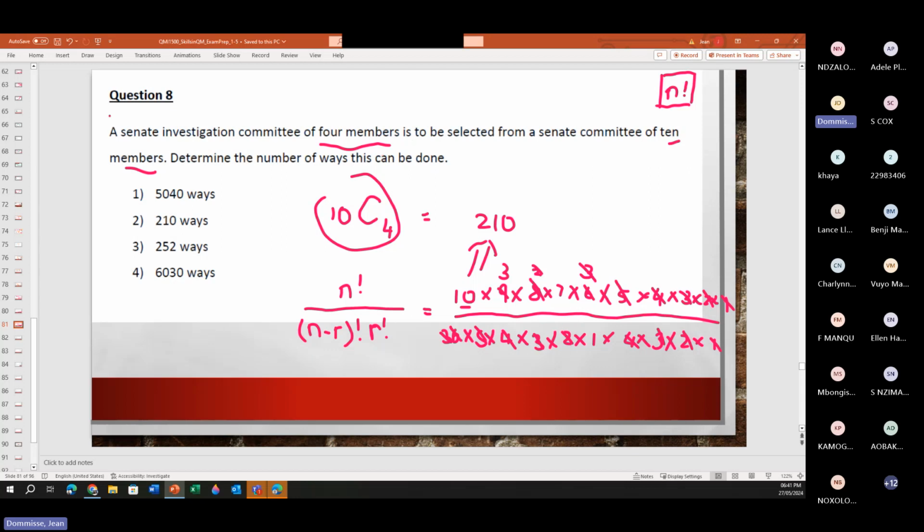This one doesn't matter which way the 4 people are selected, because there is no order, so we can say it is a combination.